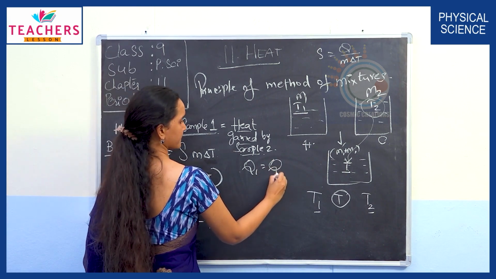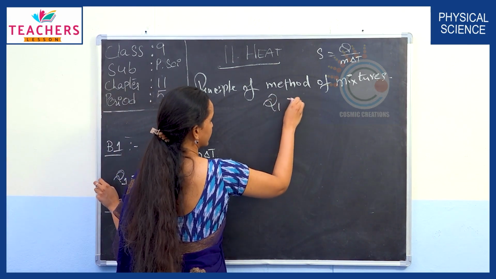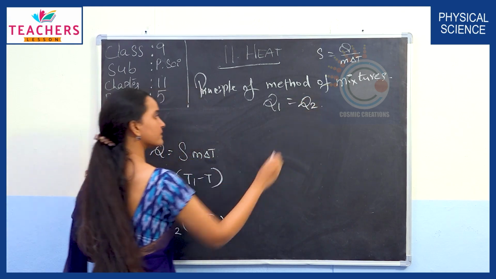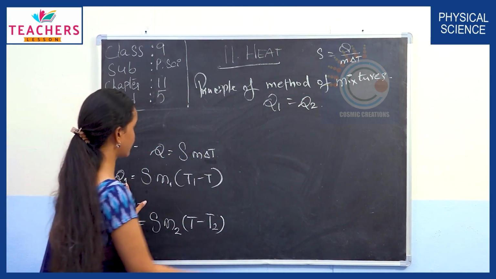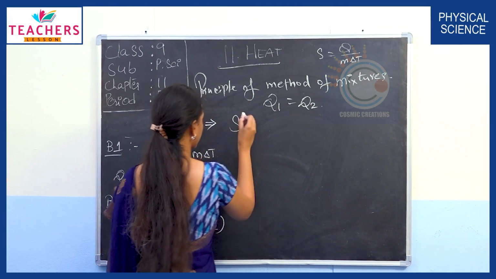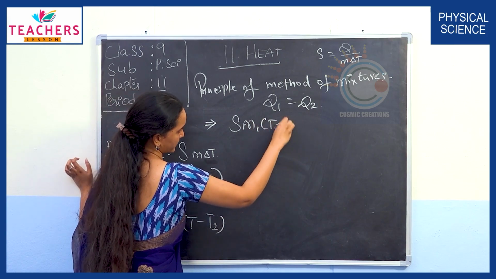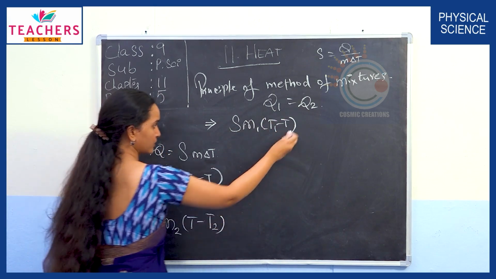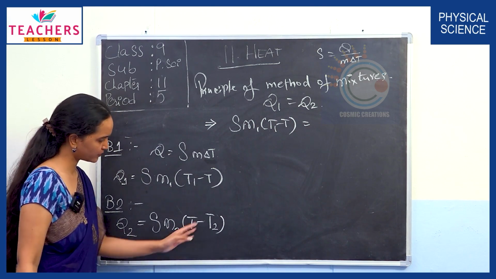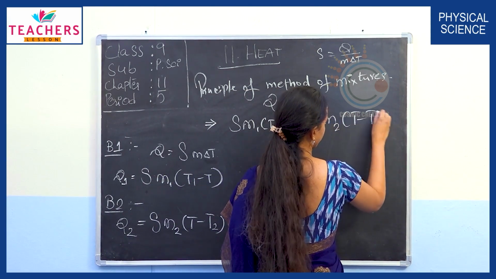I am going to erase. Now we have Q1 equal to Q2. So what is Q1? S M1 (T1 minus T) equals Q2. Q2 is S M2 (T minus T2).